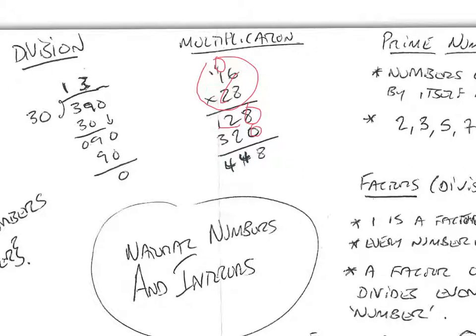Put down our 0, 2 times 6 is 12, put down the 2, carry the 1, 2 times 1 is 2 plus 1 is 3, and we add those up. 8 and 0 is 8, 2 and 2 is 4, 1 and 3 is 4. 28 times 16 is 448.